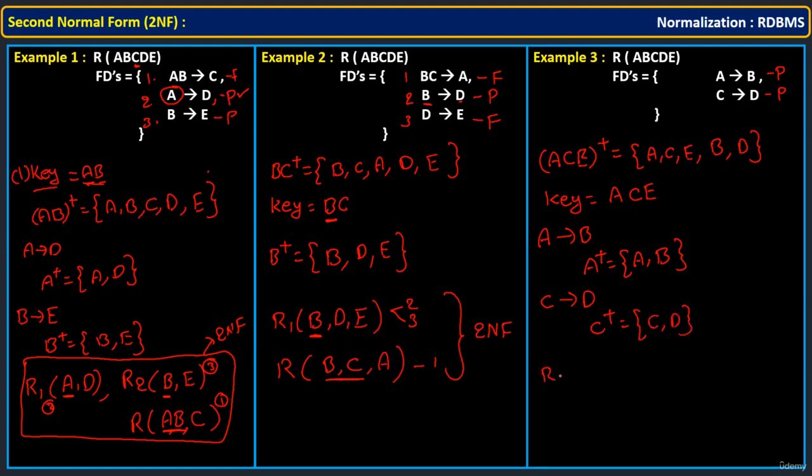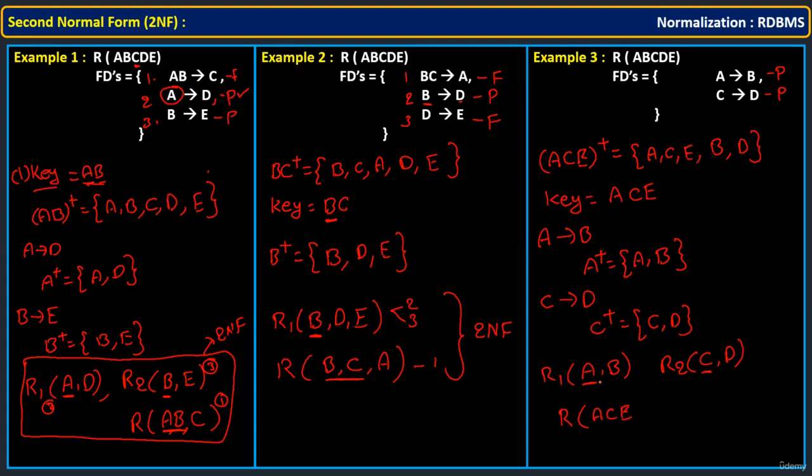Now relation R1 is going to become AB. After dividing, A is the primary key. Relation R2 is going to become CD, and this is the primary key. Now the original table is what actually, ACE is the key, ACE.